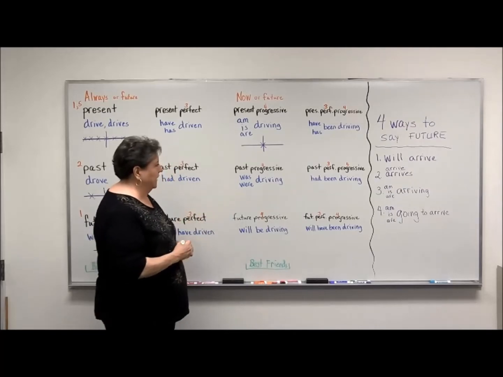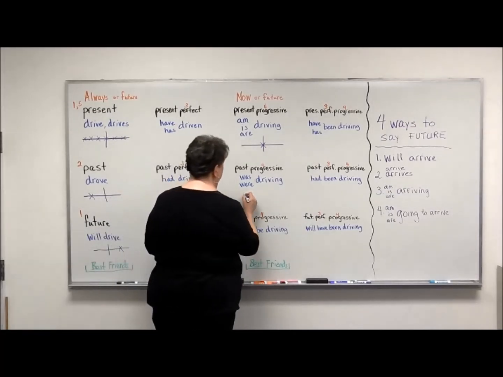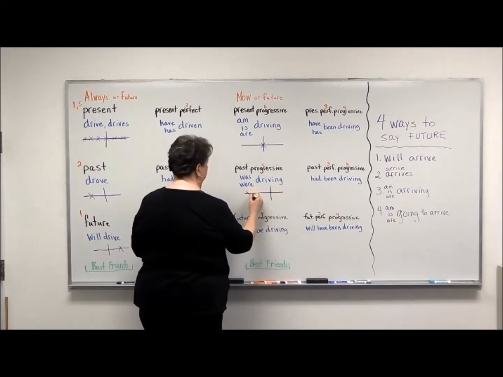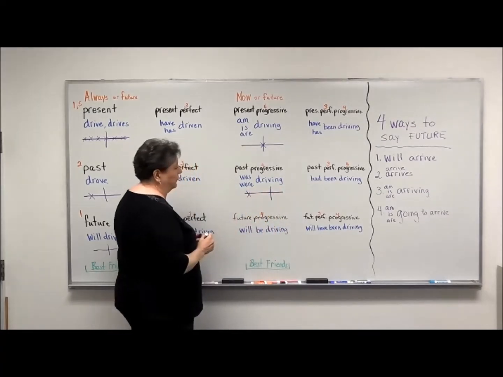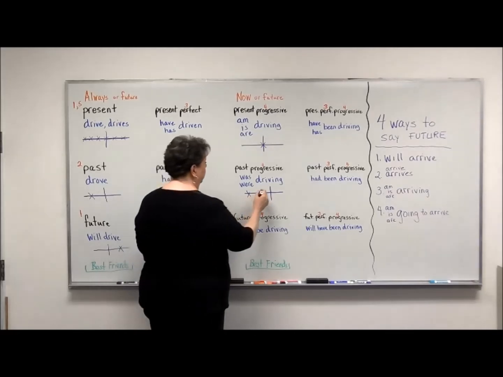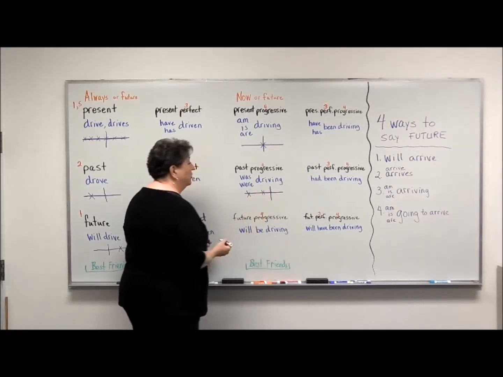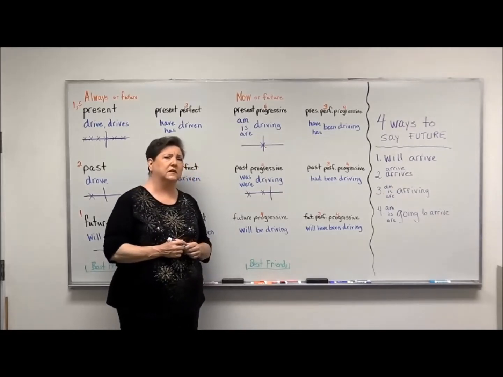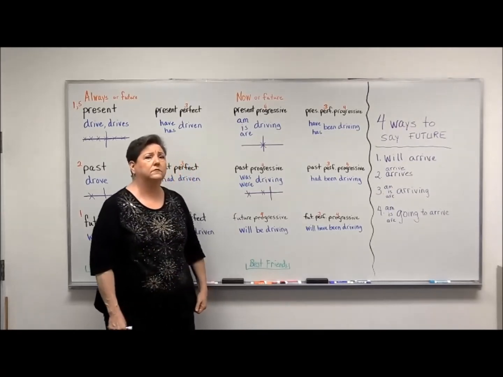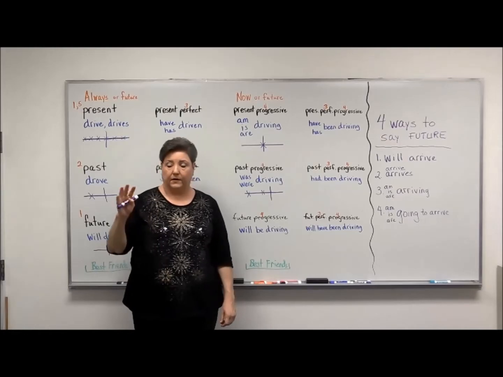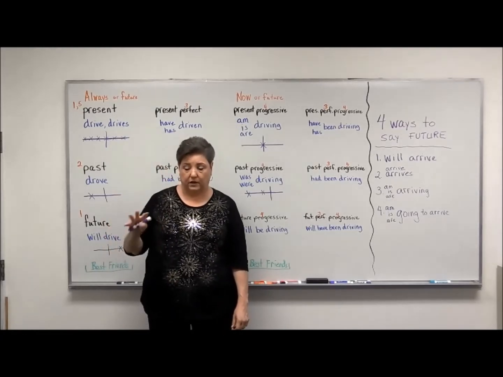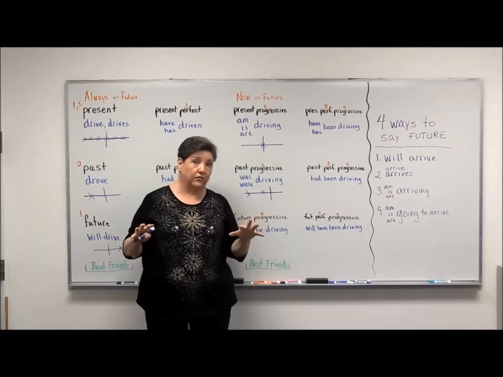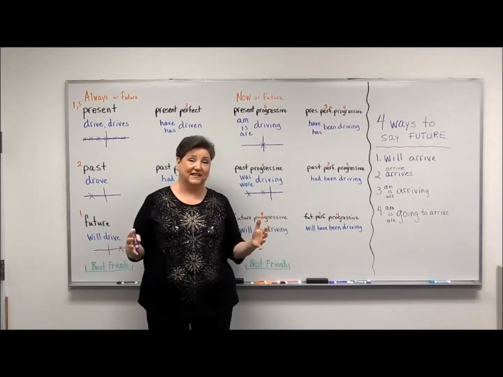Let's do the timeline for the past progressive, the friend of the past. So I have one action in the past, but it's possible to have two actions. When I say two actions on these timelines, what am I talking about? I'm talking about a subject doing an action here and another subject doing an action over here, but they're in the same sentence.